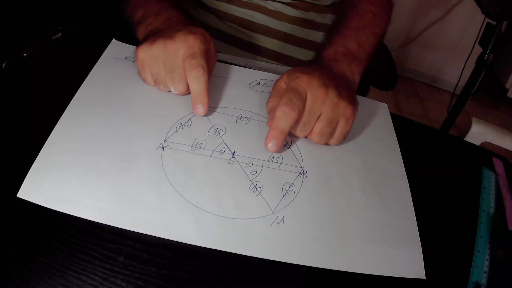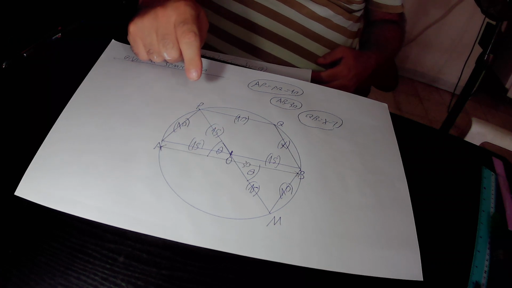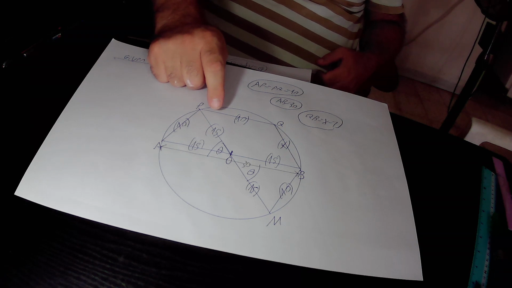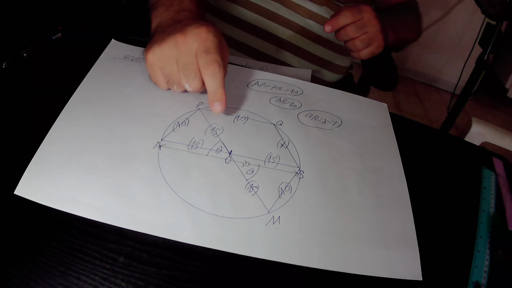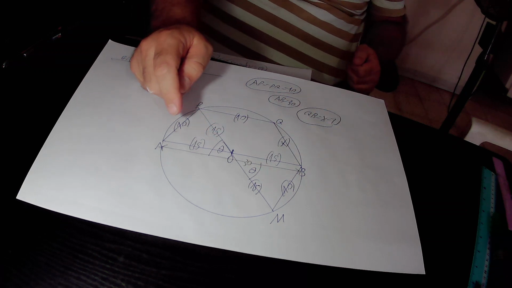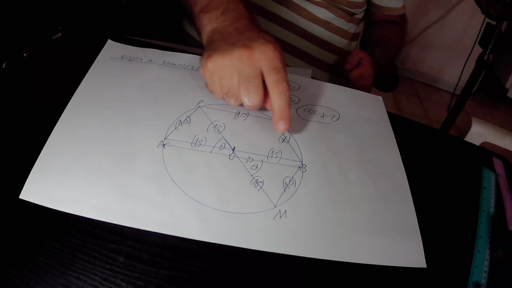So why are those two triangles congruent to each other? First of all, side PO equals side OM, they are both radii of the circle, therefore they are equal to each other. In addition, those two angles are vertical angles, and we know that vertical angles are equal to each other. And finally, side AO of triangle APO is equal to side OB of triangle OBM.